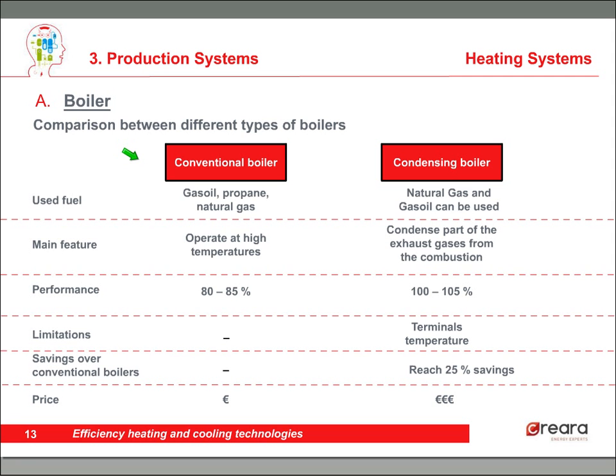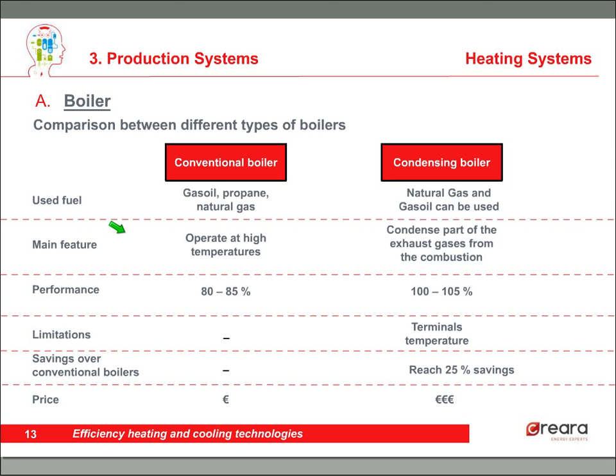Both conventional and condensing boilers can operate at high temperatures, as you can see here. But it is true that conventional boilers are designed to work at high temperatures and at full load, while condensing boilers are designed to work at partial loads and at lower temperatures, such as 40 to 55 degrees, more or less.